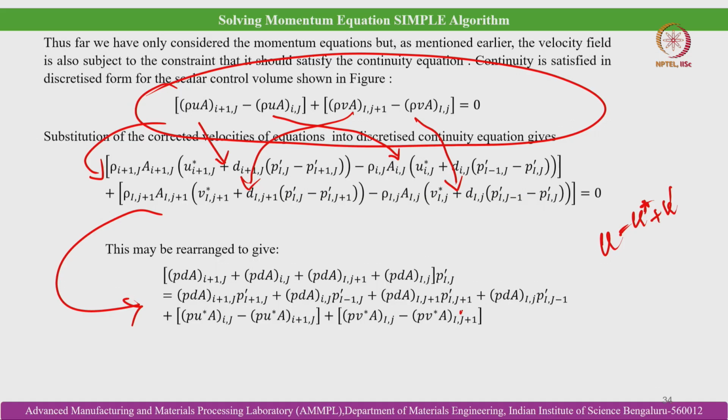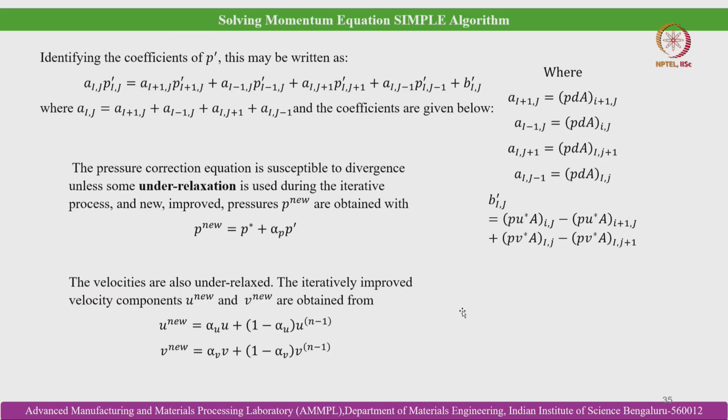Small j plus 1. And then, identifying the coefficients of P prime, that means the pressure correction term, this may be rewritten as small a capital I capital J multiplied by P prime capital I capital J is equal to small a I plus 1 comma capital J into P prime capital I plus 1 capital J plus a capital I minus 1 capital J multiplied by P prime I minus 1 capital J and plus a capital I capital J and then P prime capital I capital J. So, here we have to also add.